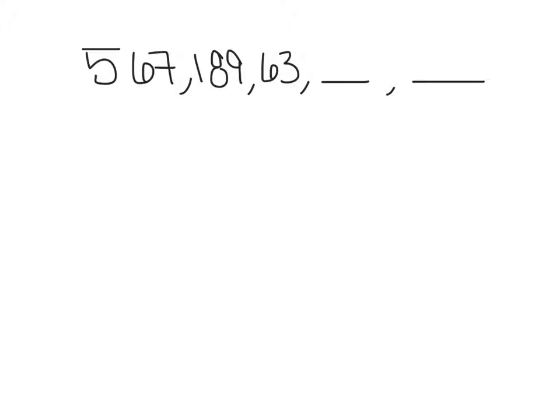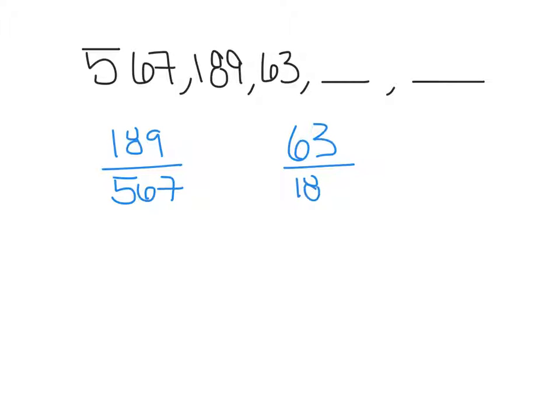So what you're going to do is you're going to take 189 and divide by 567. And then you're also going to check 63 divided by 189. Both times when you do this, you should get 1/3. So that means instead of adding or subtracting, we're actually going to multiply my number by 1/3.